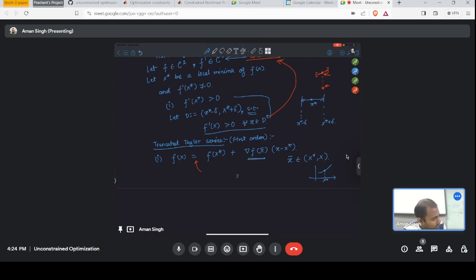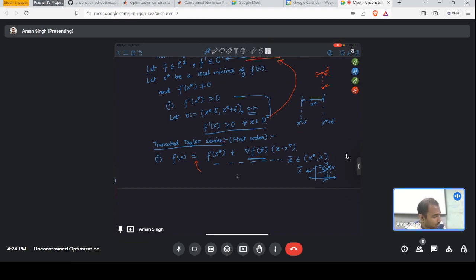So let's say I know value of fx at x star. I want to know value of fx at x. So there exists a point x bar between them, such that this is true. This statement is true. This is what truncated Taylor series means.